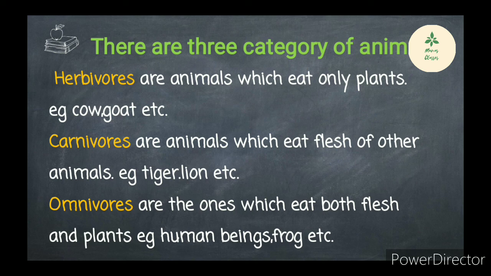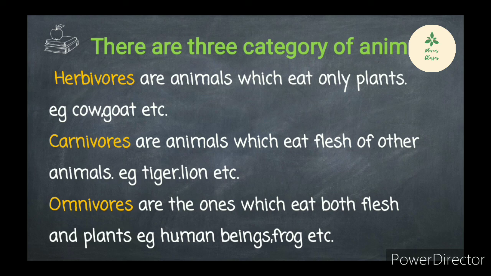Herbivores are the animals which eat only plants or plant products. Examples are cow and goat. Carnivores are the animals which eat flesh of other animals. And the examples are tiger and lion.